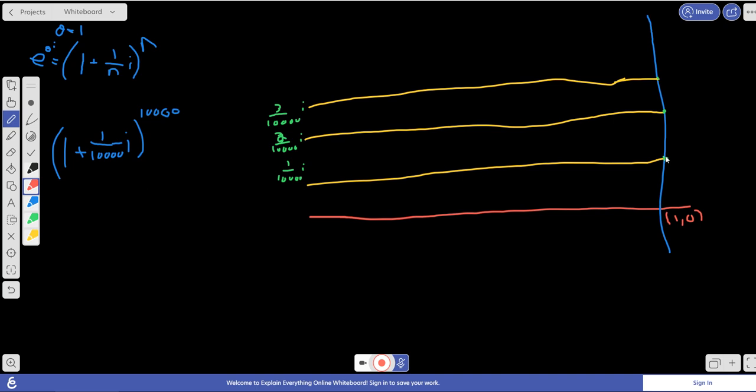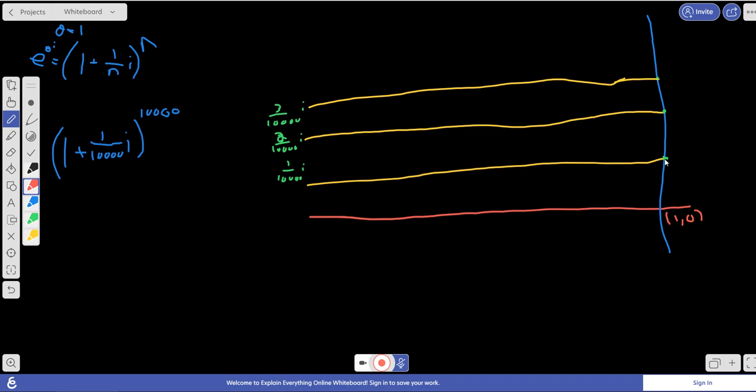So this is 1 plus 1/10,000th i. So we're going to rotate this same amount, because this vertical distance that we're at now, this 1/10,000th i, that's the same that we're rotating in the arc. So now we know the value that we're rotating in the arc. It's basically 1/10,000th i, and we're going to do that 10,000 times.